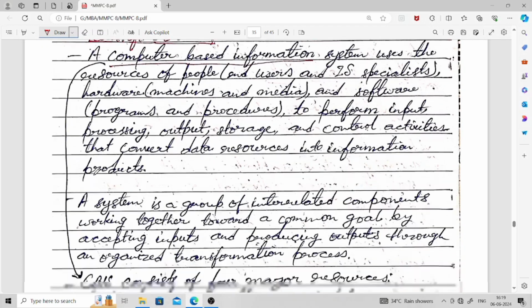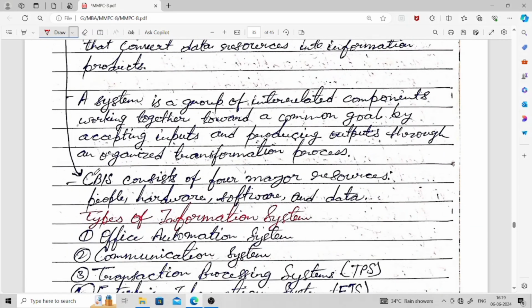Here a system is a group of interrelated components working together toward a common goal by accepting inputs and producing outputs through an organized transformation process. So a system is nothing but interrelated components working together toward a common goal by accepting inputs.